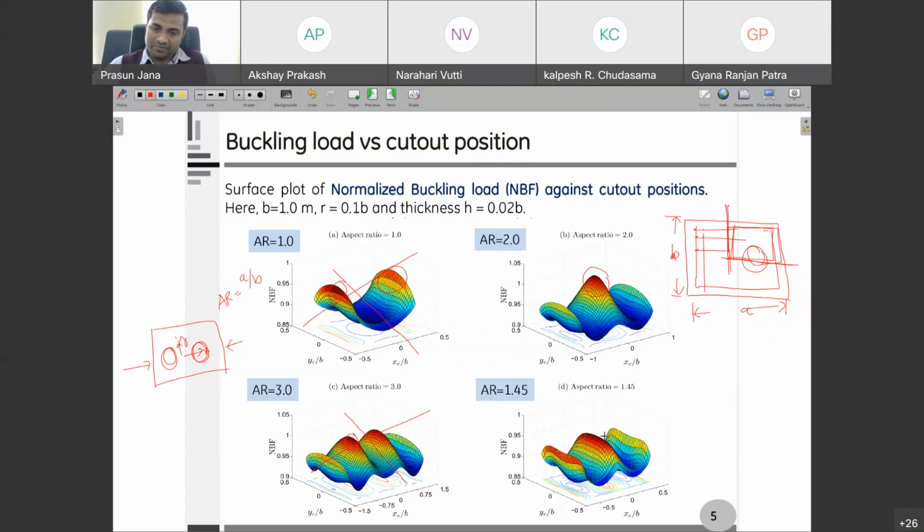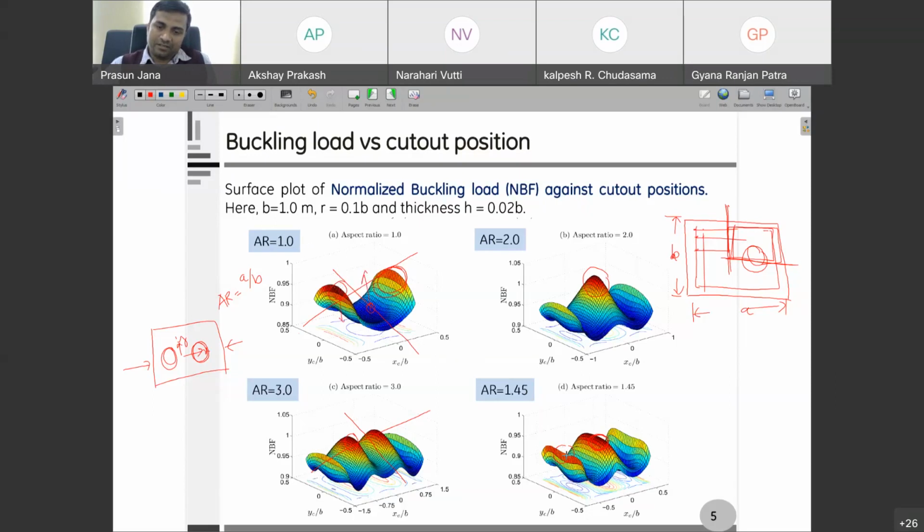The buckling load is higher at the center, and also higher at the edge. So if you start from 1 and then increase, at 1 the maximum was somewhere here, and as we increase, this surface changes: the middle one is going up, this portion is moving up, and this is going down.